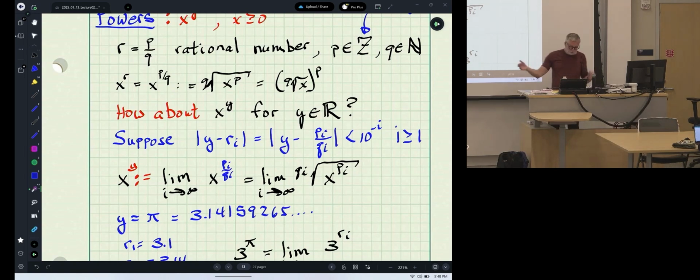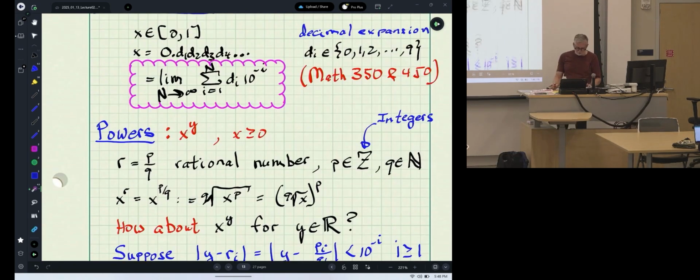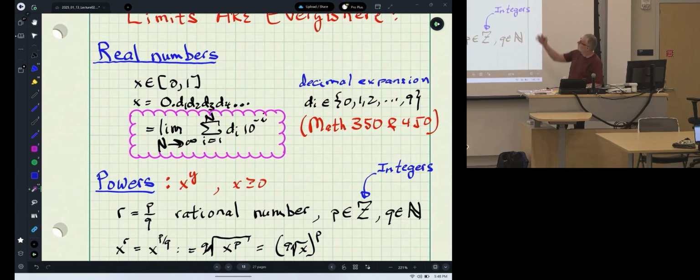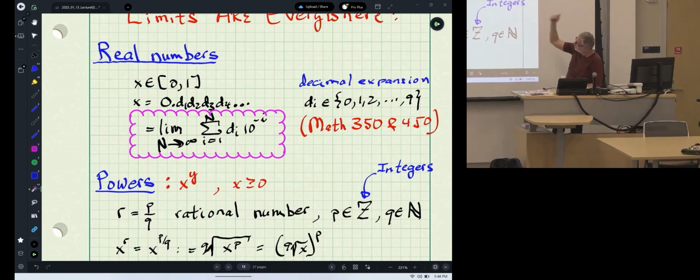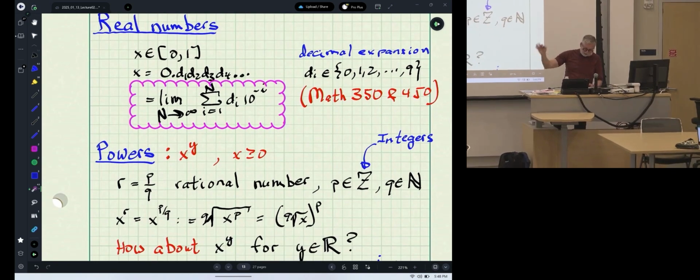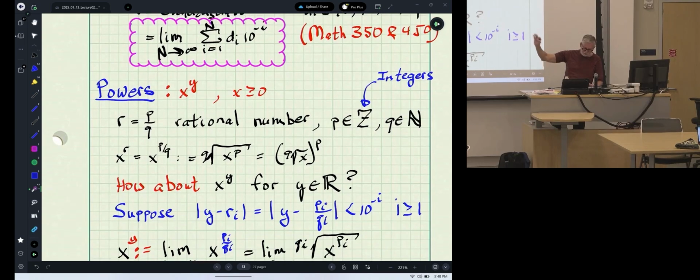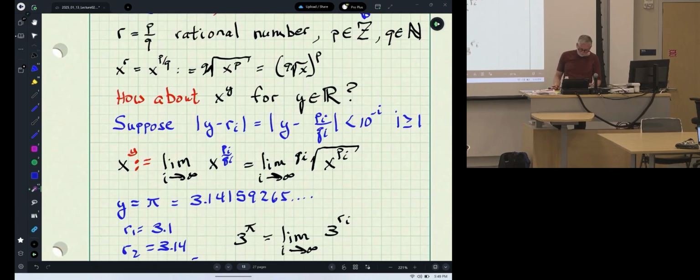And so what you do is you take your arbitrary real number, you approximate it with a rational number, because by definition, everything that has a decimal expansion, you truncate it, it's a rational number, and you can get finer and finer levels of precision by taking capital N bigger.